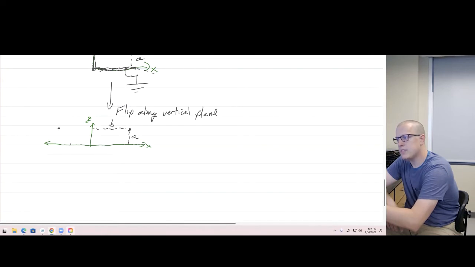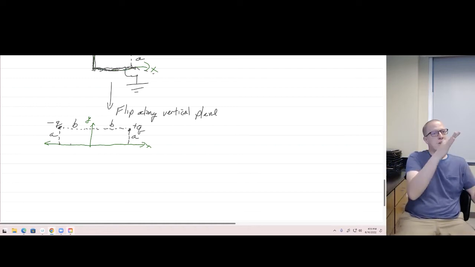And if this was a distance B from the y-axis, since it's a plane, not a sphere or anything like that, we have another charge that's a distance B. But if this one was plus Q, then this one has to be minus Q, right? And this one is still a distance A.